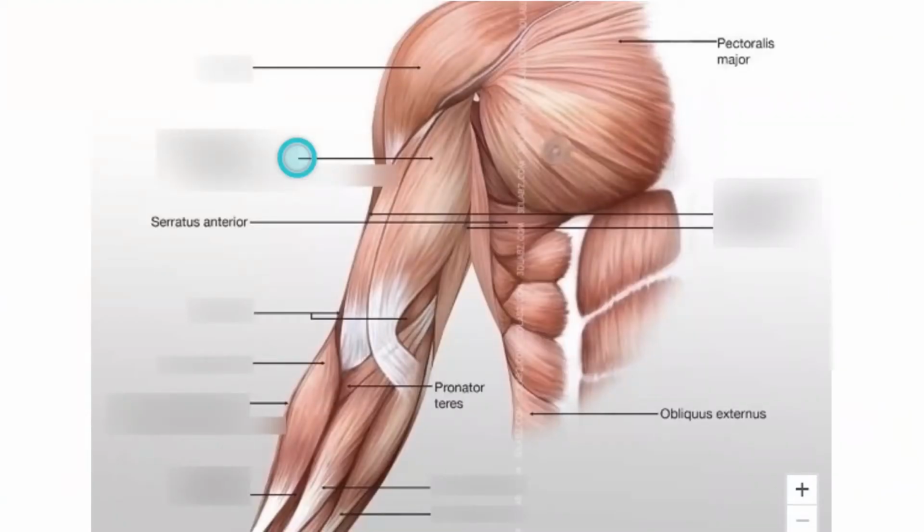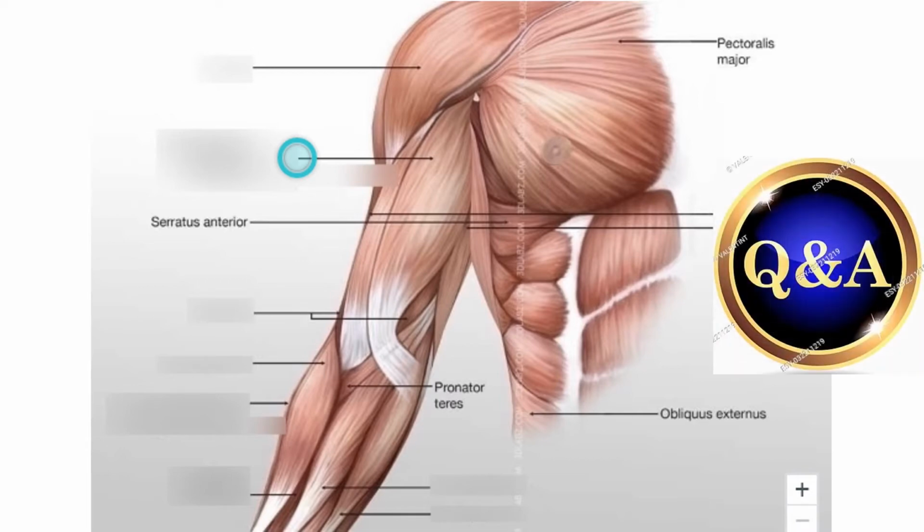This is an image of the anterior part of the arm. So let's ask a few questions and answer them. Which muscle is this? It is the biceps brachii.